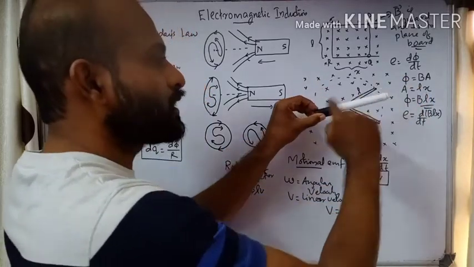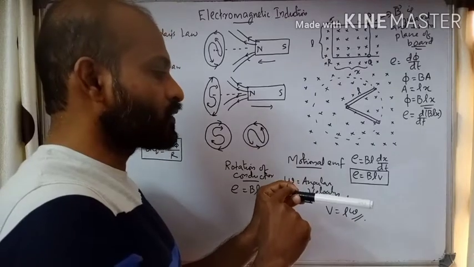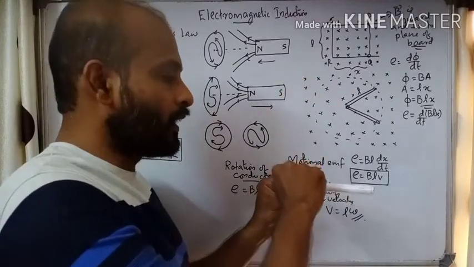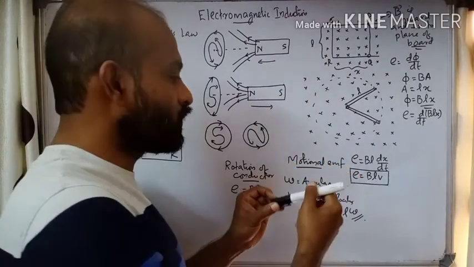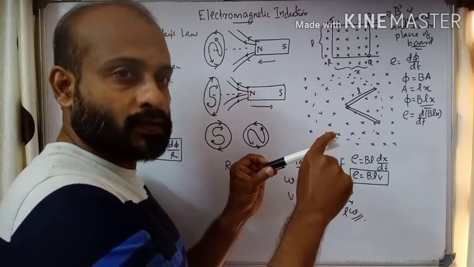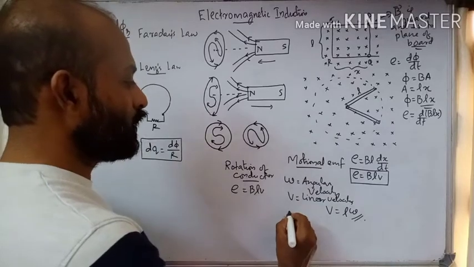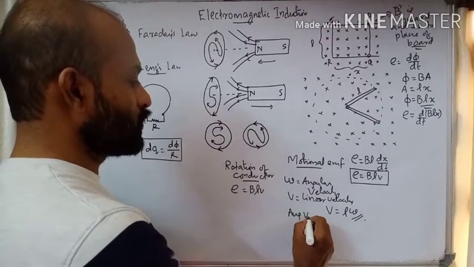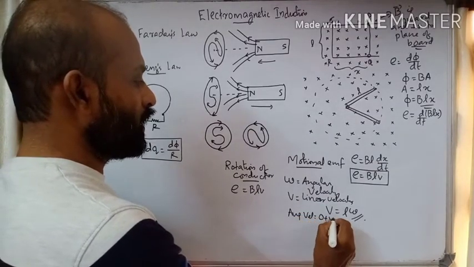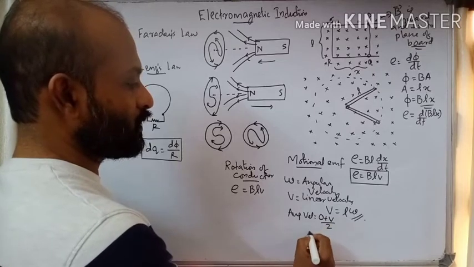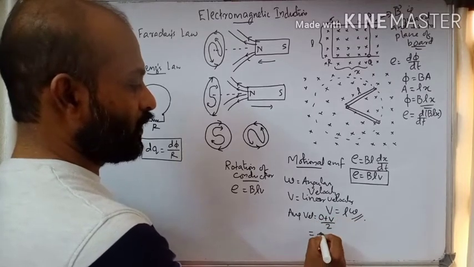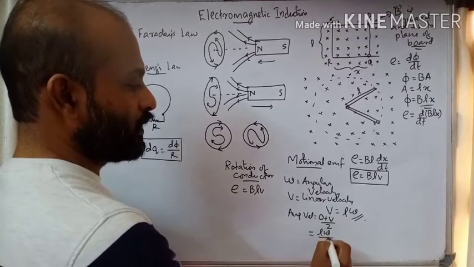Now we can take the average velocity. Here the velocity is 0, and we are moving it uniformly. Here we have velocity V. The average velocity is 0 plus V, the whole divided by 2, which is L omega divided by 2.